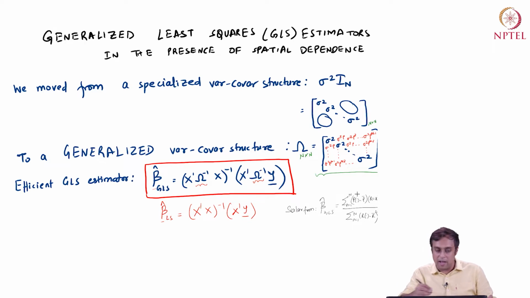Now P is my y and x is my r, right? So this numerator directly corresponds to x prime y, whereas the denominator directly corresponds to the x prime x inverse.